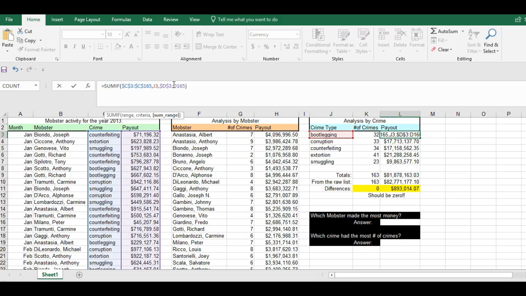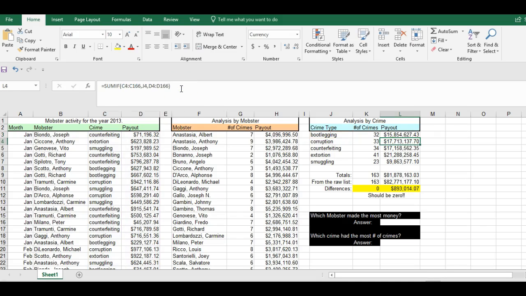So what it's telling it to do, it's saying, okay, go through and find from C3 to C165, sum everything that says bootlegging. So remember, J3 is bootlegging. So we're going to say this again. We're going to have to say dollar sign and dollar sign. Okay, let's see what that tells us. All right.